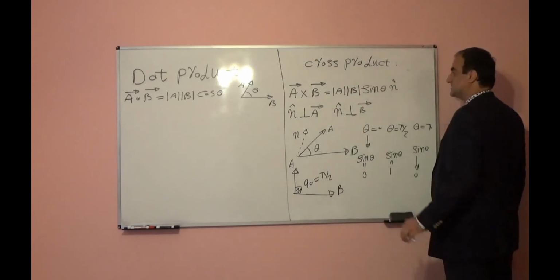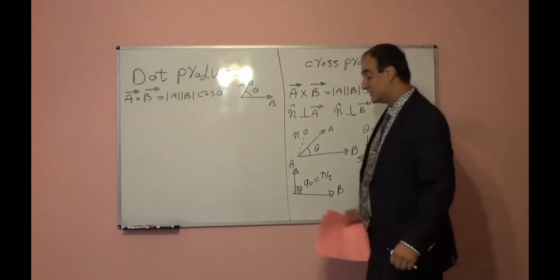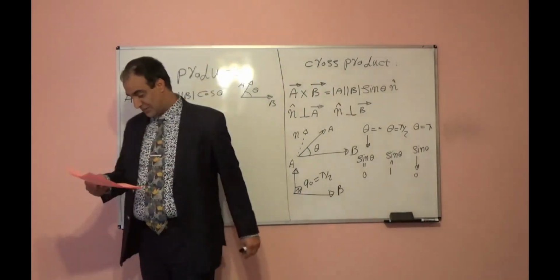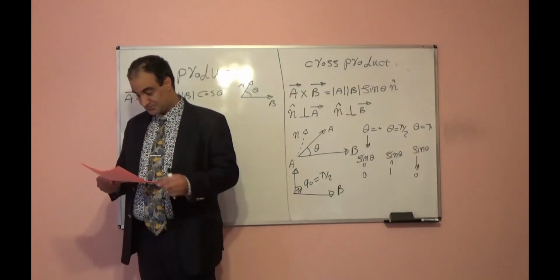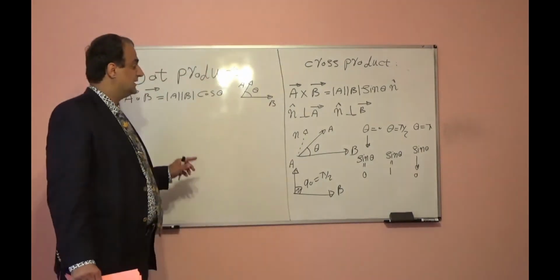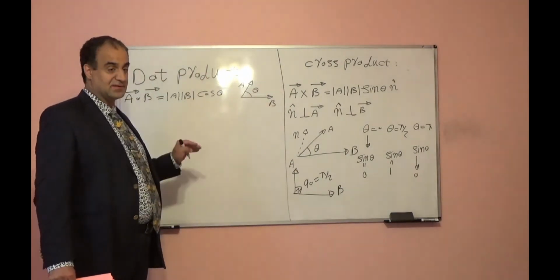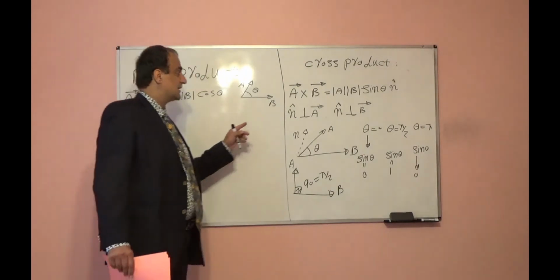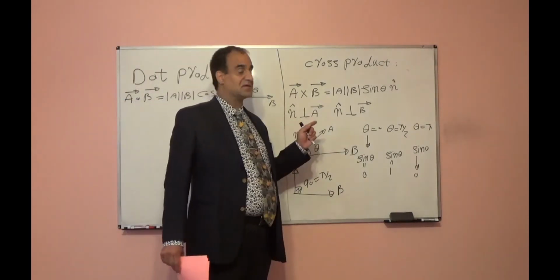In that case, you see sine theta will be equal to 1. So if A and B are perpendicular to each other, the cross product answer becomes maximum.